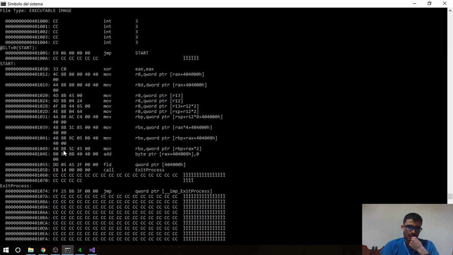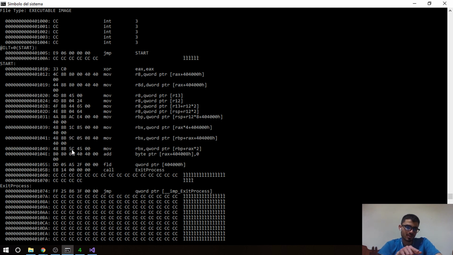Okay. So for this one we have 48, both are 48. We have an AB, then we have a 5C. This is just telling me, hey, we have an AB displacement, and we are having a party. We are having a party because we are using RBP.